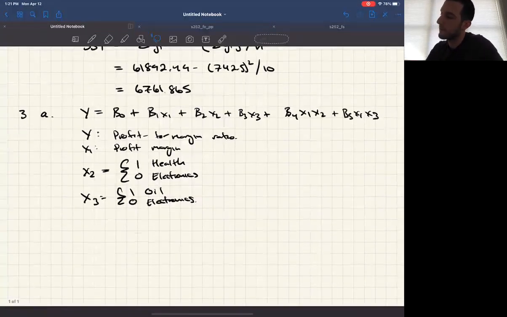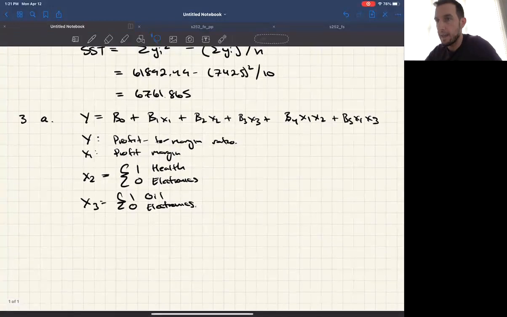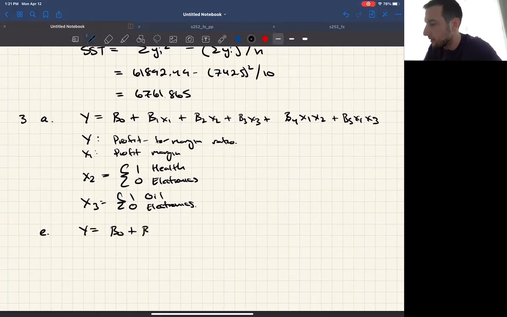So in part A, this is our full model that includes interaction. In part B, we are setting up the model that does not include interaction terms. So that's going to be a reduced model of the following form, where X1, X2, and X3 have the exact same definitions. But this model just does not include interaction, okay?